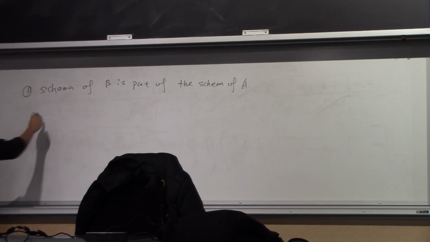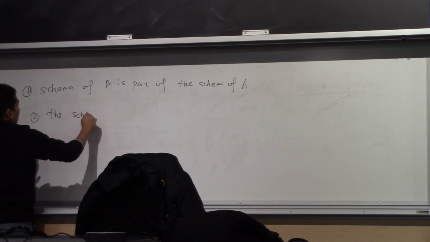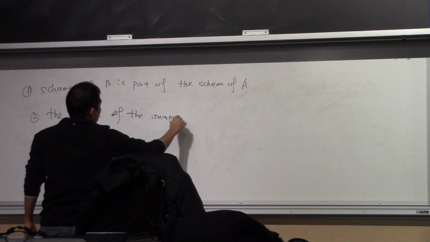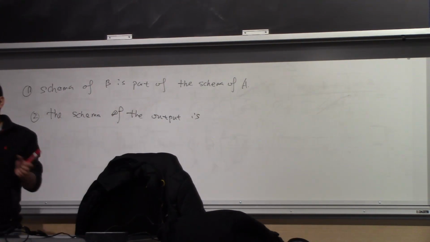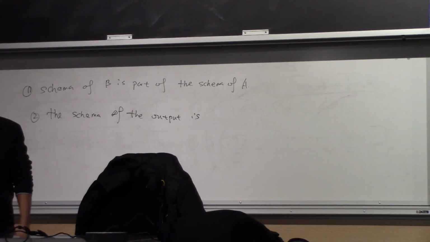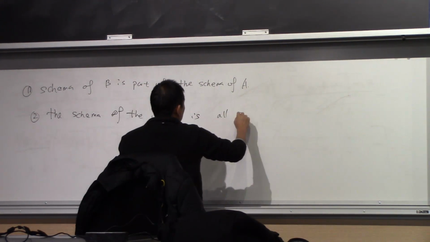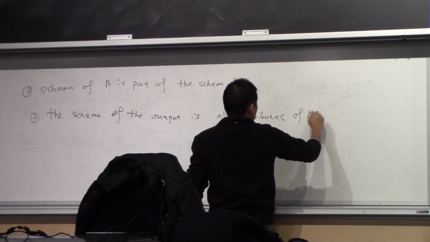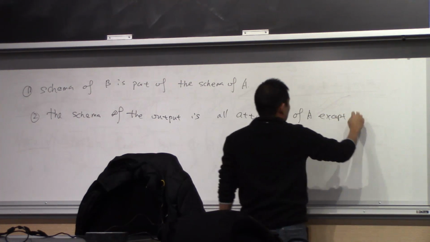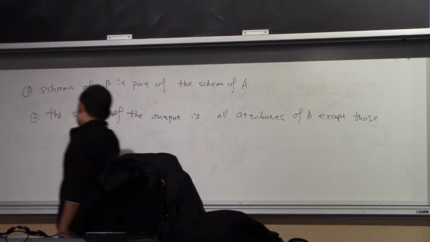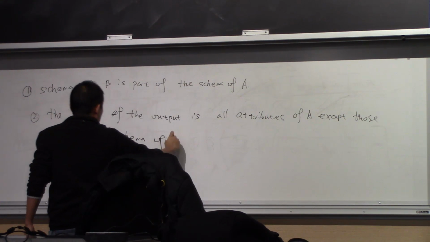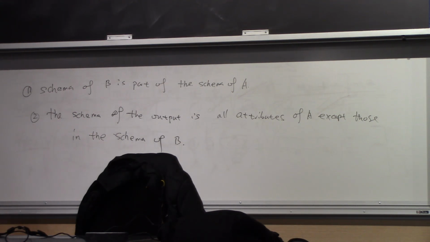So the schema of the output is all attributes of A except those in the schema of B. Those are the two observations.